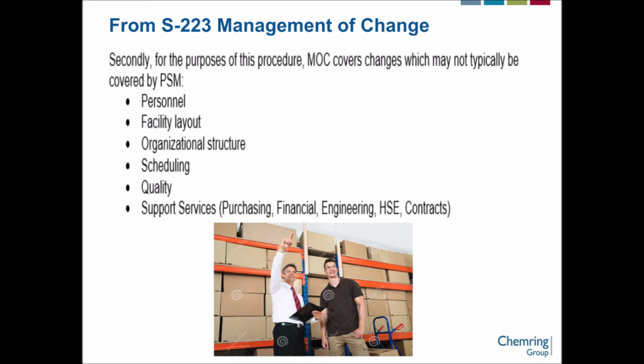And any other changes to support services such as the ways in which the purchasing, finance, engineering, health, safety, and environmental or contracts department function, which may have either positive or negative effects on our operations. All of these changes must be properly evaluated and our rationale documented before we move forward with the proposed change.